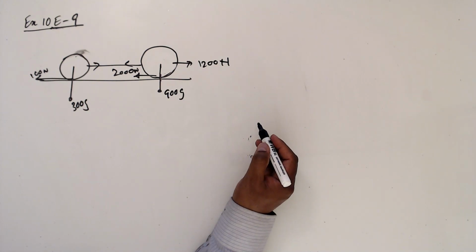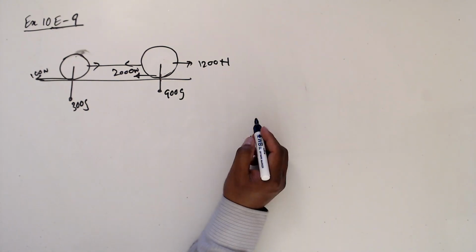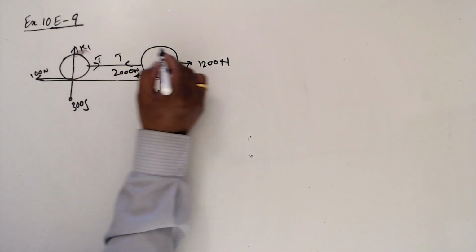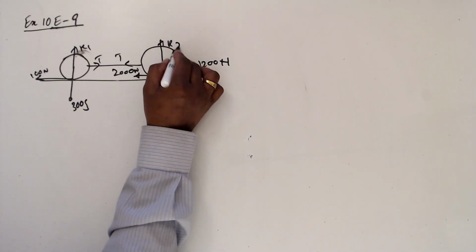As usual, find the acceleration. This is T and T, and we have to mark R1 and R2.